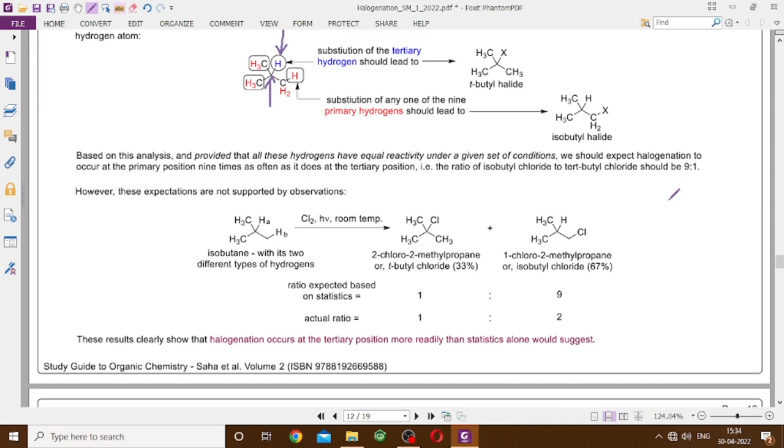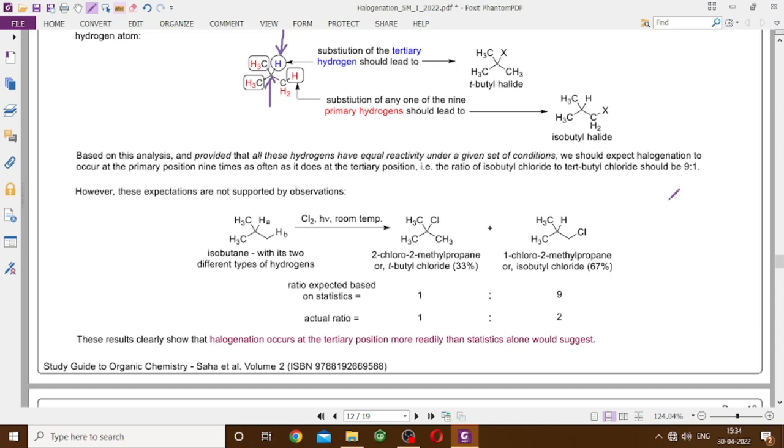So if I think for a moment that all these 10 hydrogens, 1 tertiary and 9 primary hydrogens, have the same reactivity under a given set of conditions, then the product distribution, that is the amount of tertiary butyl and the amount of the isobutyl halide that is going to be formed, will only be controlled by statistics.